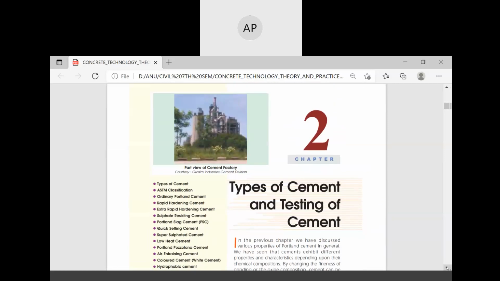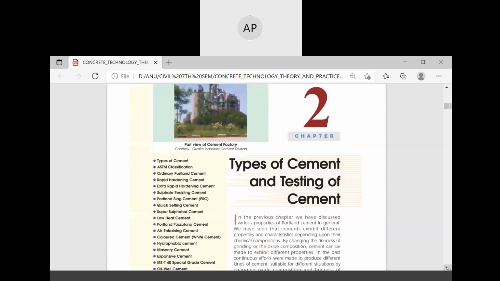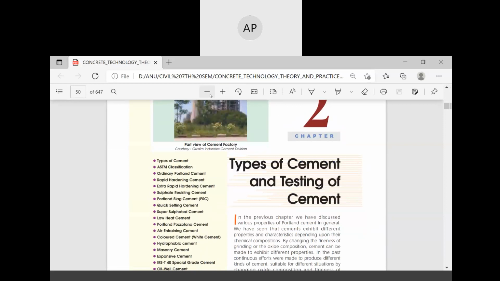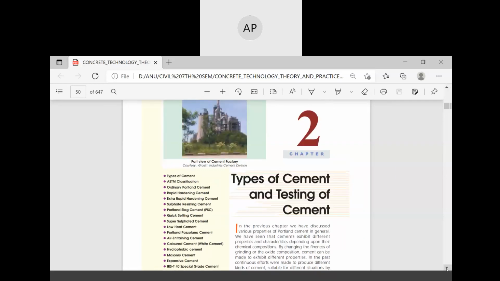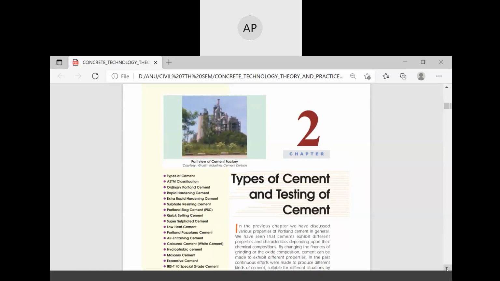Okay. So next, there will be various types of cement. I have given two notes, isn't it? That is related to chapter 1 and chapter 2. That is your core segregate chemical admixtures, limitation of concrete.